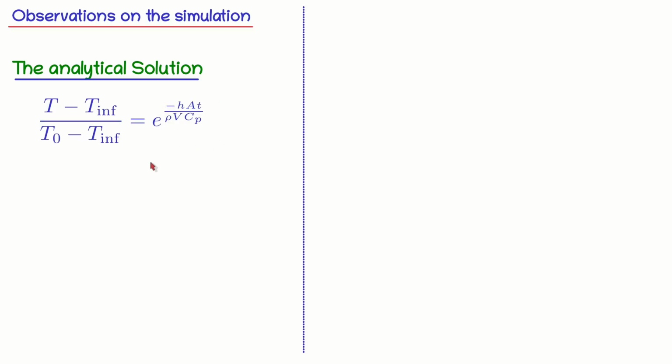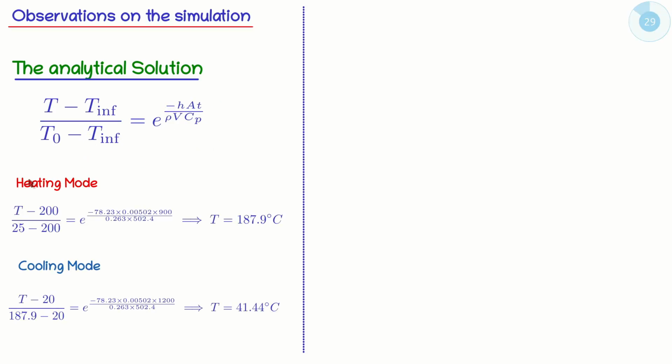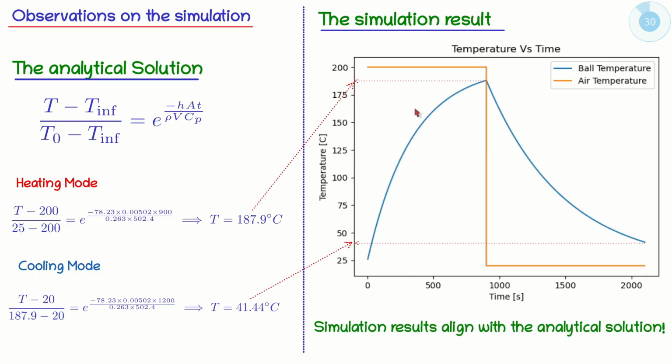Now substituting the values for heating mode, where the starting temperature is 25 and the air temperature is 200 and the temperature changes with respect to time. So we have given 900 seconds as time and we will see that the temperature value is 187.9, which aligns with the results we got from our simulation.